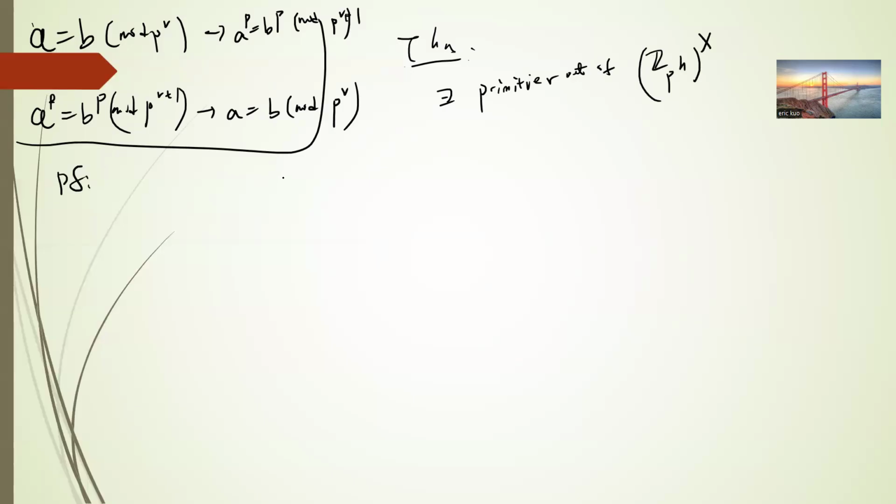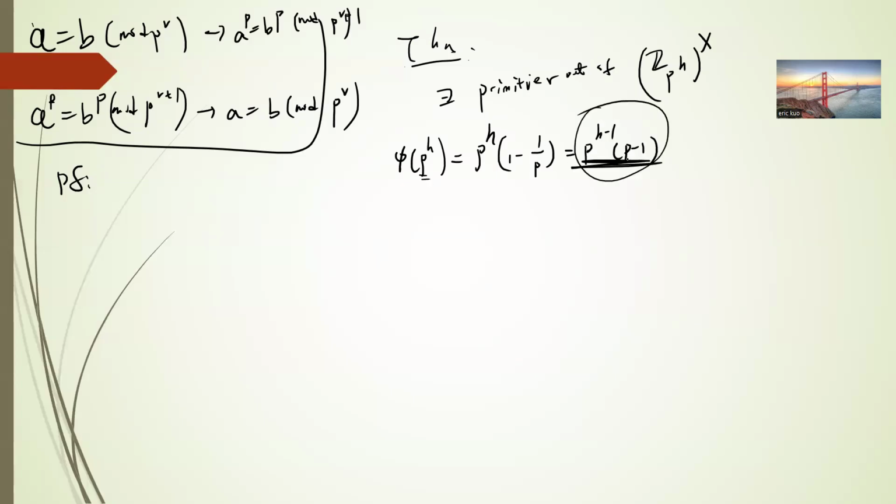So let's compute phi of p^h, right? It's p^h times (1 minus 1/p), so it's p^(h-1)(p-1). So we need to find the element whose order is as large as this.